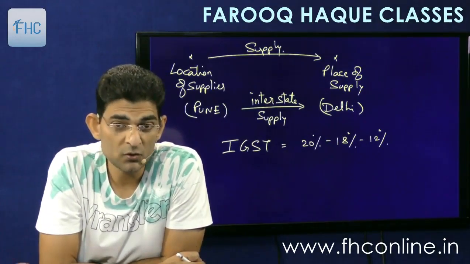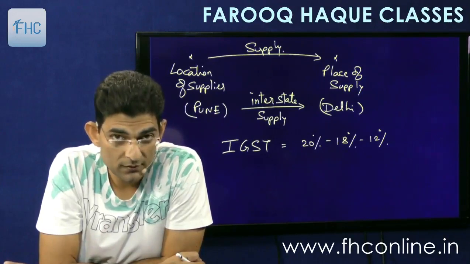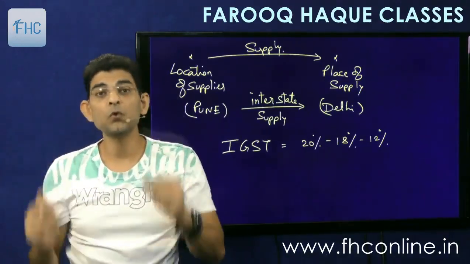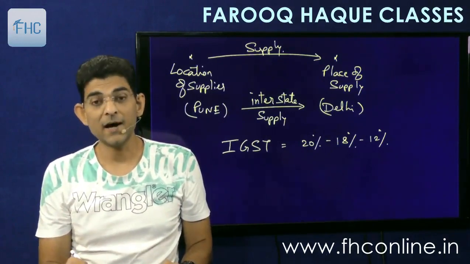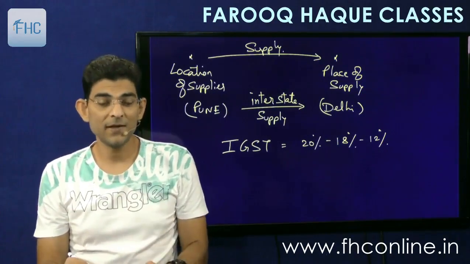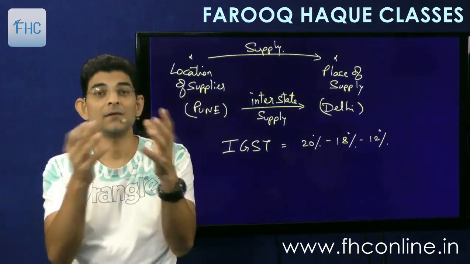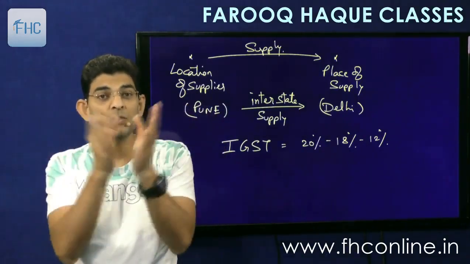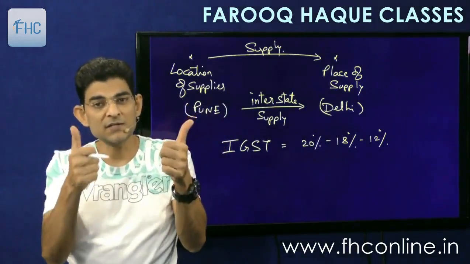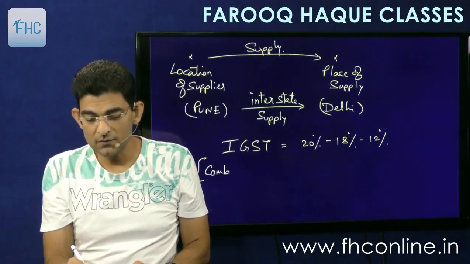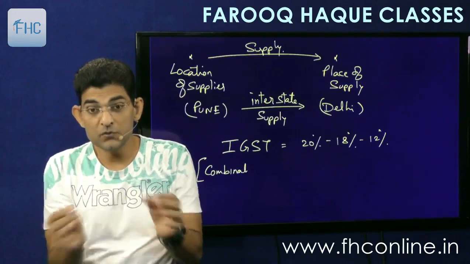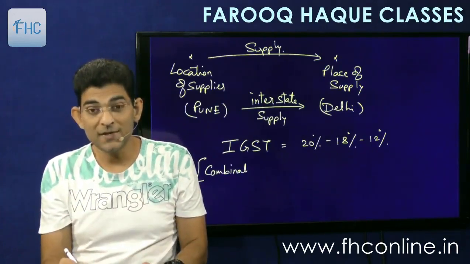So understood, that is a composite. It's a composite of both the components. Therefore it is called I. I stands for integrated. Integration means taken together. So which two things are taken together? The CGST and SGST. So it's a combination or composition, you can say, or aggregation.